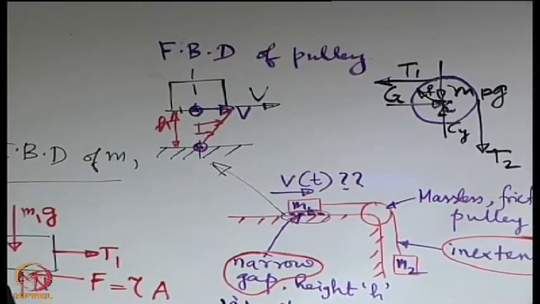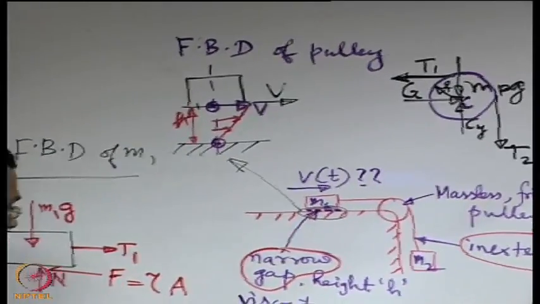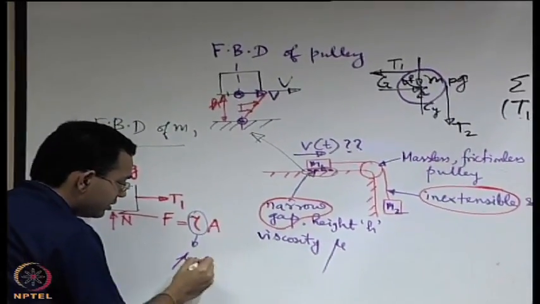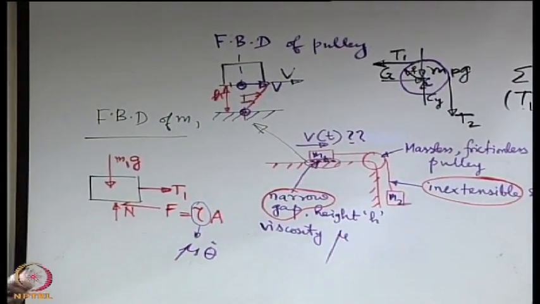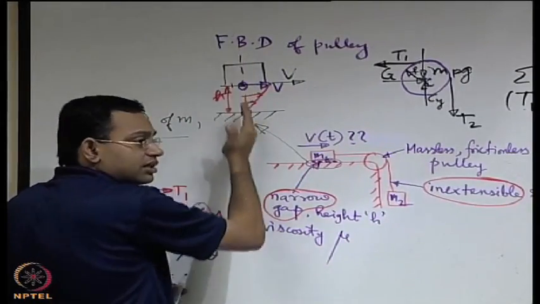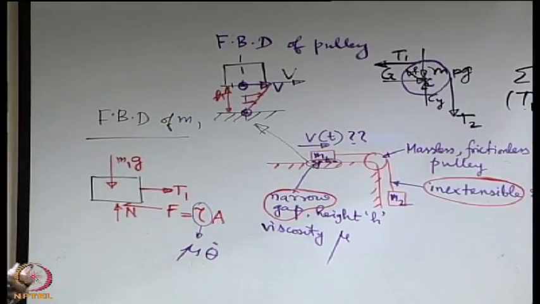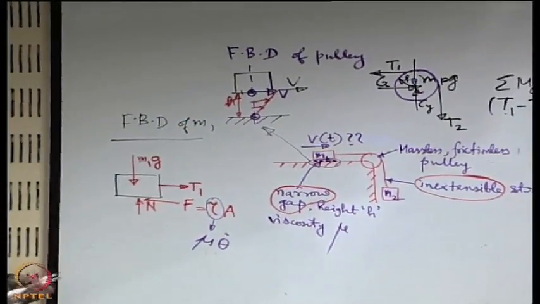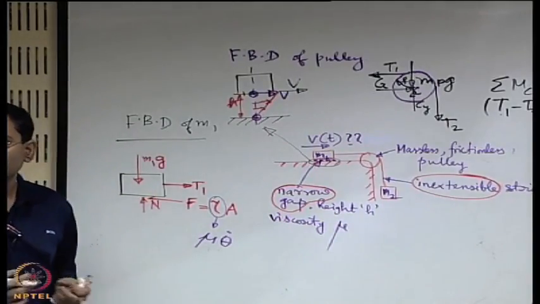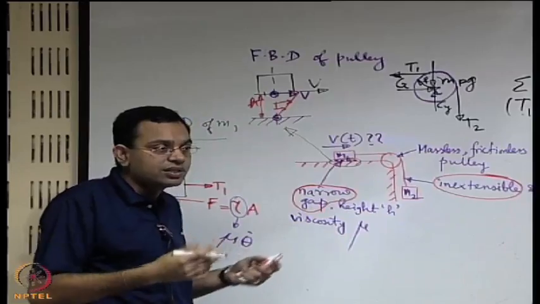Okay. Now, let us complete the expression for the shear stress. It is mu times the rate of deformation. Rate of deformation could be different at different y locations, but if it is a linear profile it is the same everywhere, because rate of deformation is related to du dy that we have seen. So, rate of deformation in such a case is du dy, where u is the velocity.